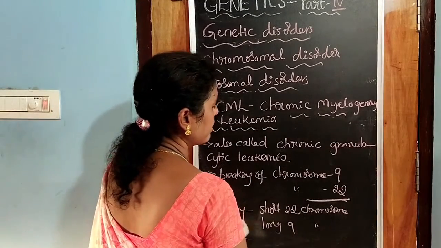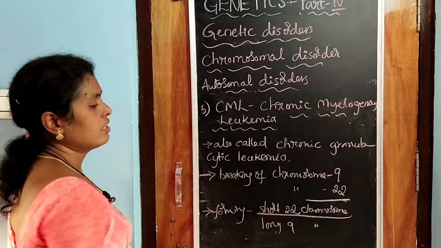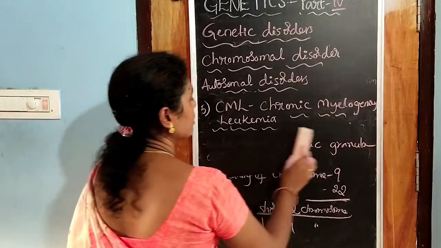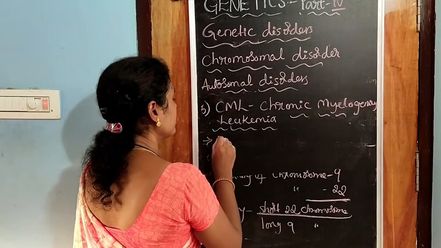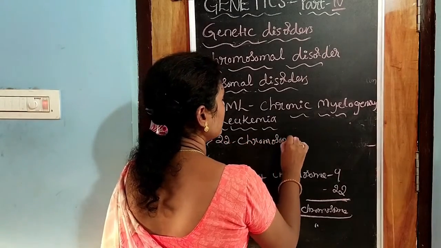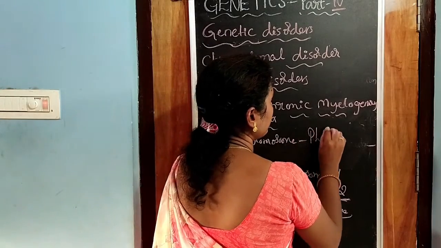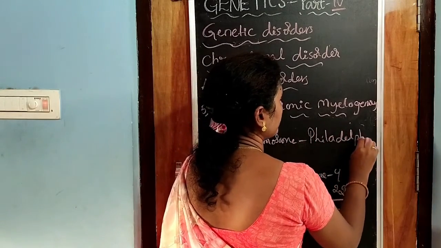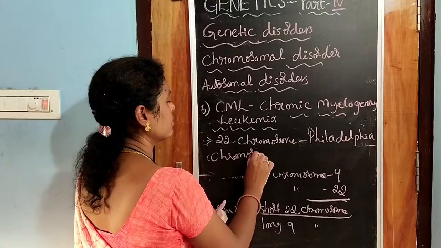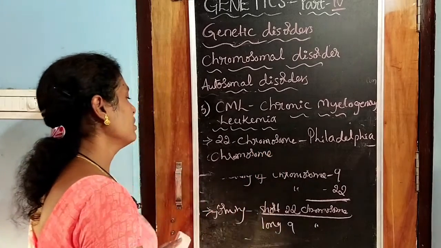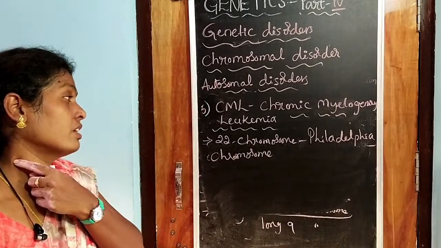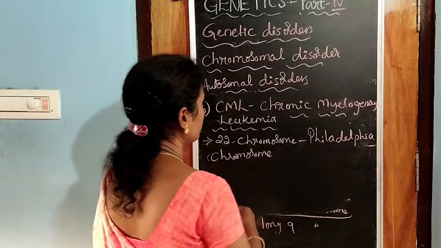The short chromosome 22 is called the Philadelphia chromosome. How is it formed?